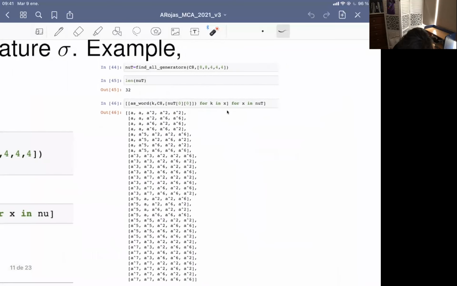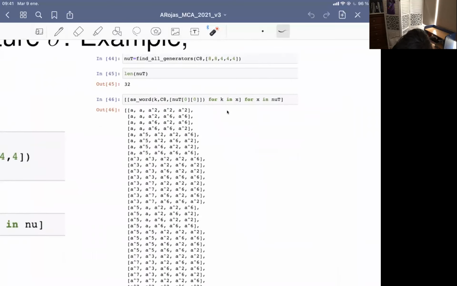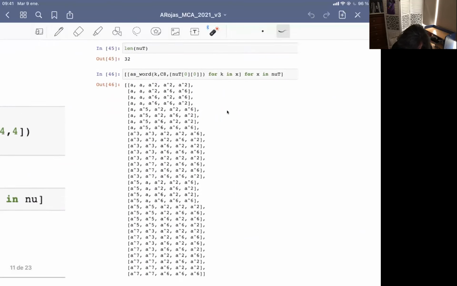So we have the cyclic group of order 8 acting in genus 9, and it acts with that signature, which can be proved from the Riemann existence theorem. So we asked for all the generating vectors corresponding to that signature. That gives us 32 actions, but not all of them are independent.